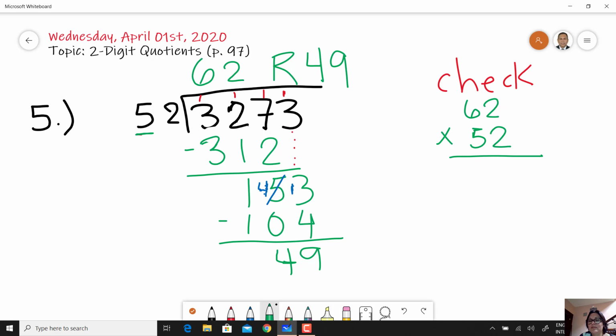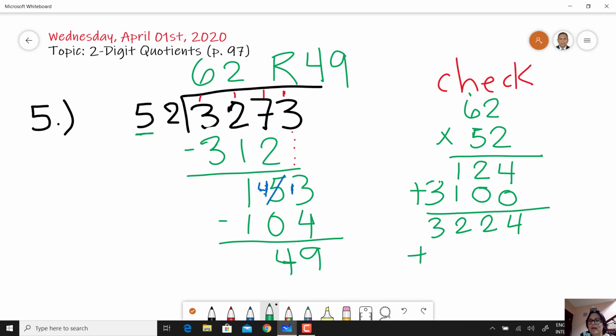2 times 2, 4. 2 times 6, 12. Now we leave a space and we continue with 5. 5 times 2, 10. And 5 times 6, 30 plus 1, 31. Now we have to add this. 4 plus 0, 4, 2 plus 0, 2, 1 plus 1, 2, and 3 here.